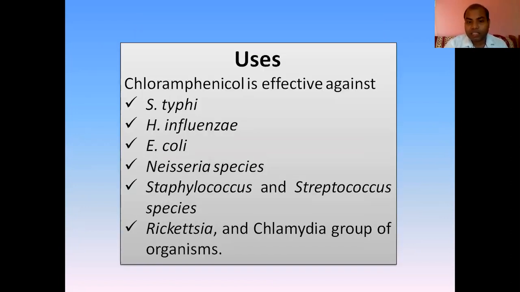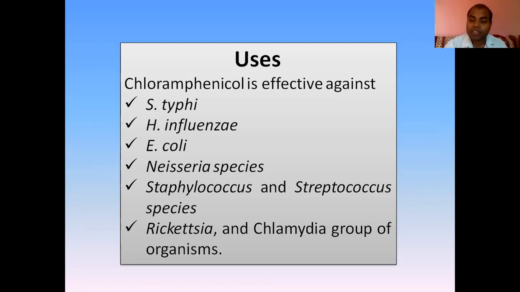The general use of chloramphenicol makes it effective against Salmonella typhi that causes typhoid infection, influenza, and E. coli that causes urinary tract infection. Neisseria species cause gonorrhea.